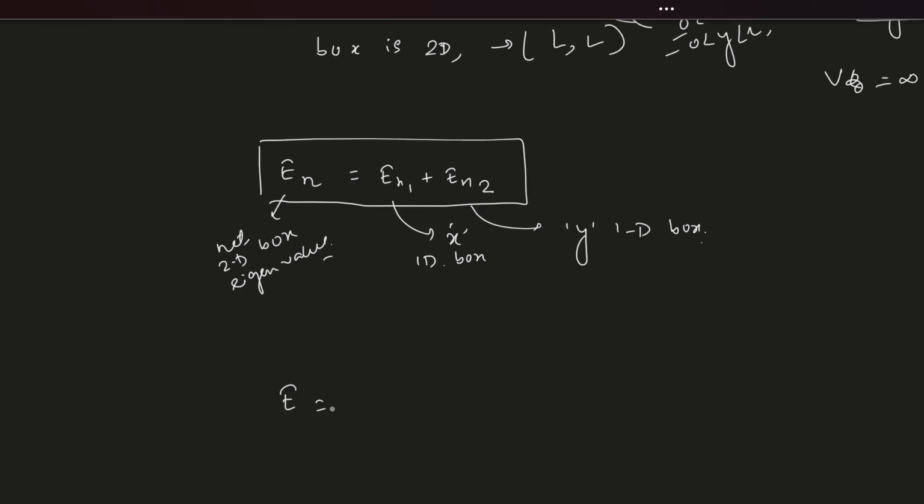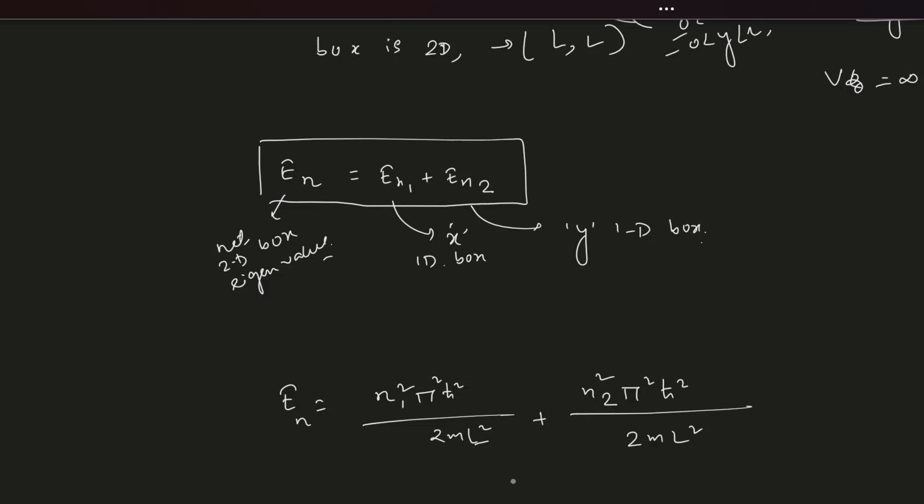So the total energy eigenvalue En is, you know, the standard n squared pi squared h cut squared by 2m L squared. This is for the x direction, and for the y direction also, because it is a square box, it is again L. Only the quantum number identifying it will be different, n2. So n2 squared pi squared h cut squared.